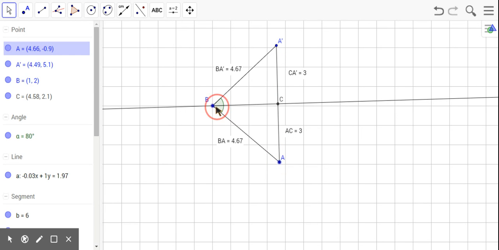You'll also notice here that the segments connecting the vertex of the angle to the segment are also congruent. So there's your angle bisector theorem.